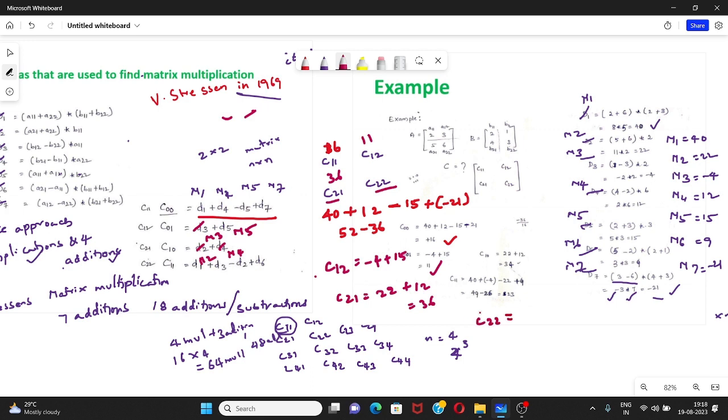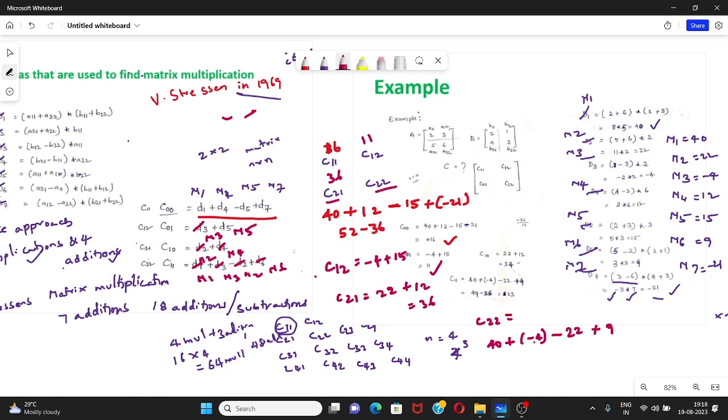And in the same way, you're going to calculate the value of C22. Now you're going to add M1, M3, M2, M6, so you can consider those four values. Your M1 is 40 plus M3, which is minus 4, and minus M2, which is 22, plus M6, which is 9.